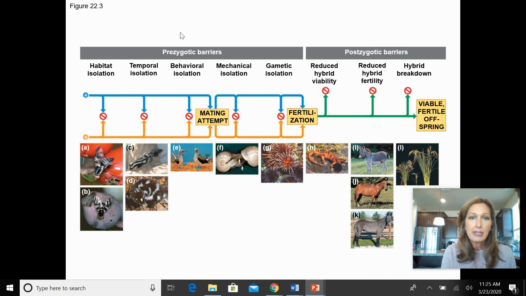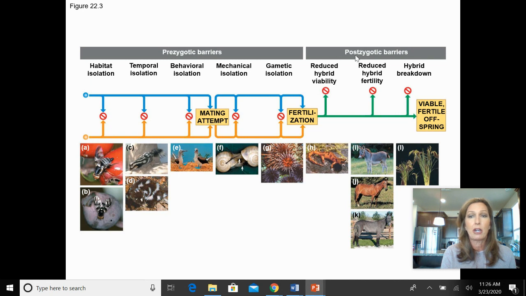So if I say prezygotic barriers, that means there is no fertilization happening. There are no two gametes fusing together. That is where we get habitat isolation, temporal isolation, behavioral isolation, mechanical isolation, and gametic isolation, which are all examples of prezygotic barriers, where from those two members of different populations, there's no formation of a zygote.